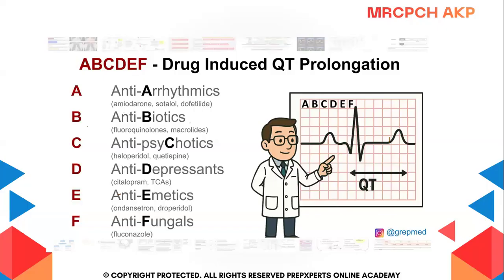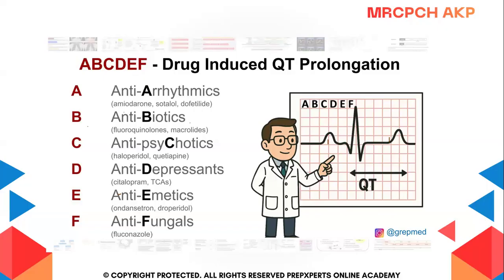So amiodarone, and antibiotics like ciprofloxacin, which comes under fluoroquinolones, and then among macrolides there's clarithromycin. These are going to prolong the QT interval, and antipsychotics.